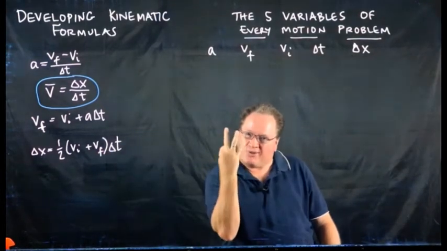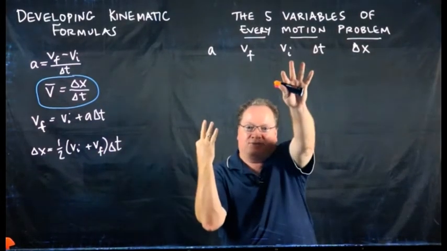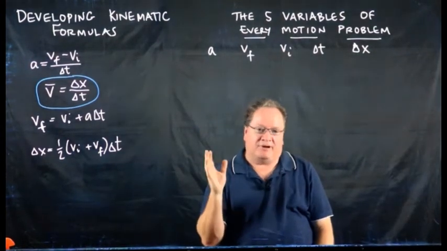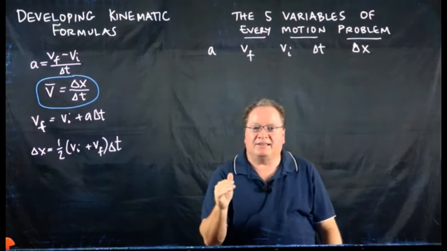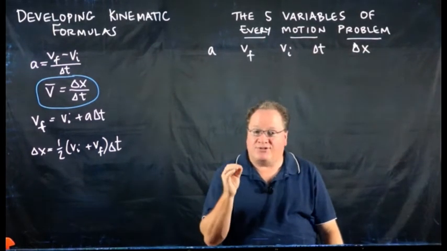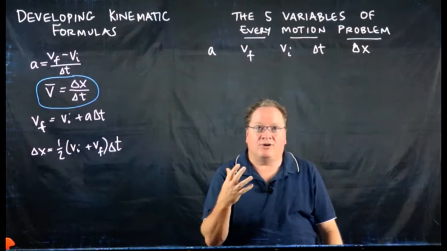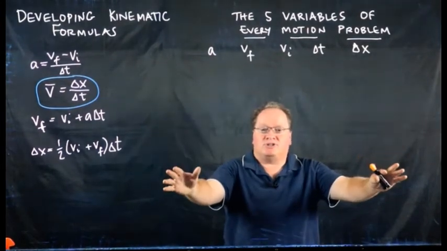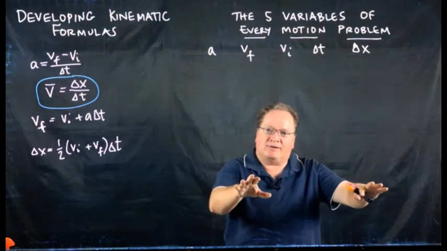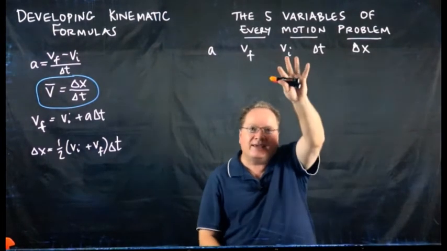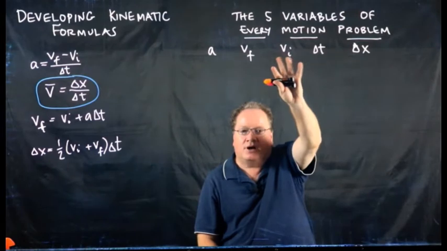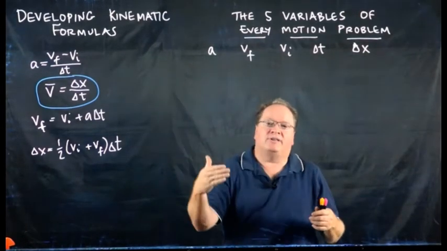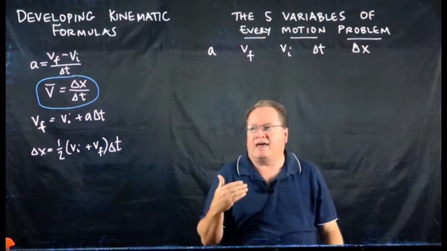If I just know 3 of those 5, I know immediately that I'm going to be able to solve that problem. So this goes for any problem that deals with motion, in particular accelerated motion. If I know 3 of those 5, I'm going to be able to solve it. I'm going to have an equation, a kinematic formula, that will allow me to solve that thing.